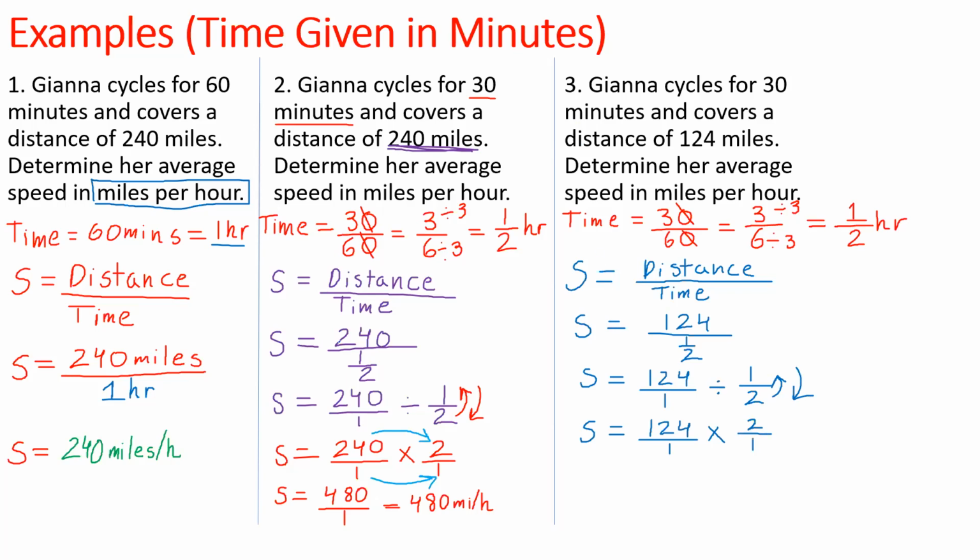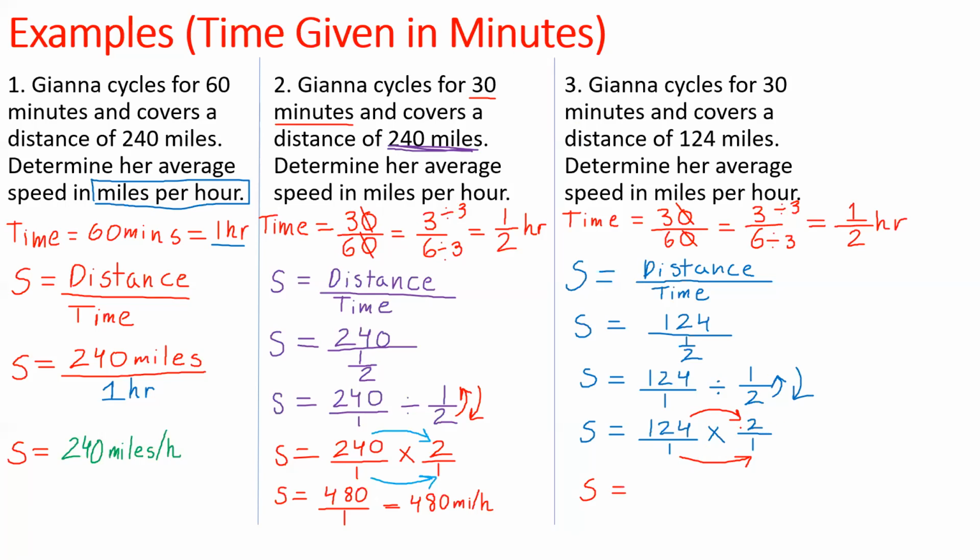And so what do we have now? Okay, no problem. Now we're going to multiply 2 by 124, and 1 times 1. So S is going to be equal to what?